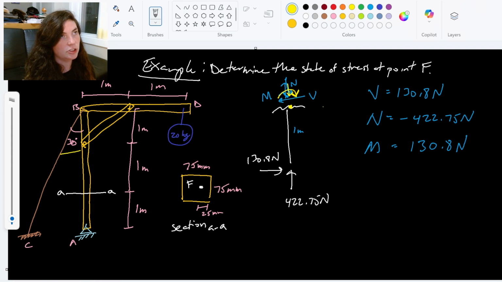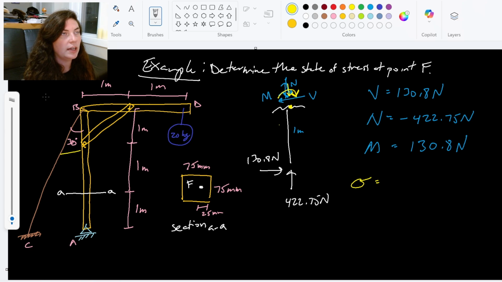And then V, our shear, that's our only shear source. So we're going to apply our shear stress equation for that one, and it'll be our only one. So it'll be a little bit simpler. But let's go ahead and take care of this normal stress since we're talking about it.